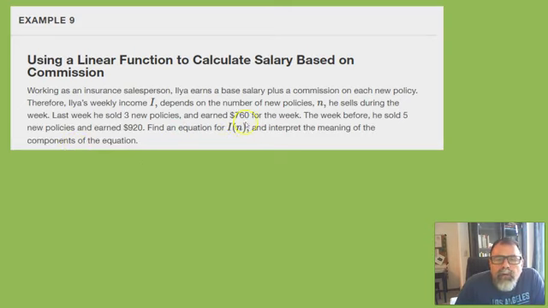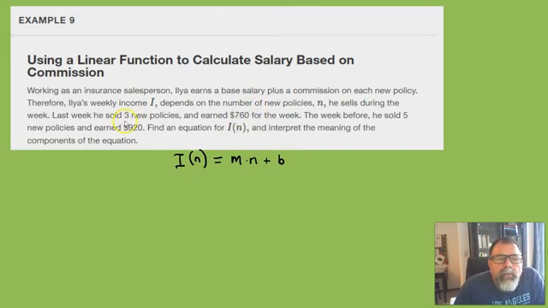So this is our output, I of n. That's the weekly income for the number of policies he sold. Input is n. So m for my slope, and then B would be his base, right? So we have two data points here.